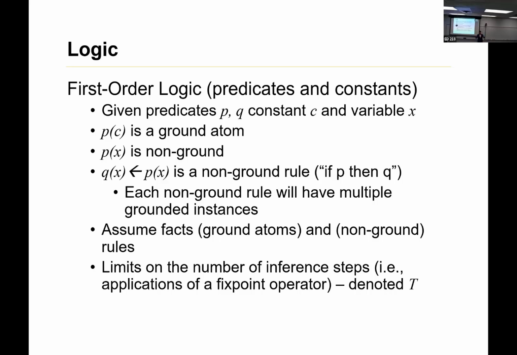So you could have n applications, where n is the number of ground atoms. Now, if you're dealing with the fuzzy case, it's actually going to be much more, because now you have real values in the interval 0, 1 associated with each ground atom.